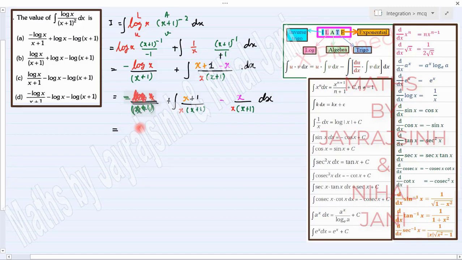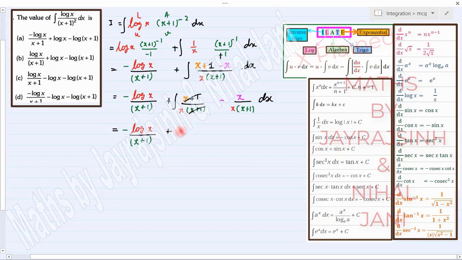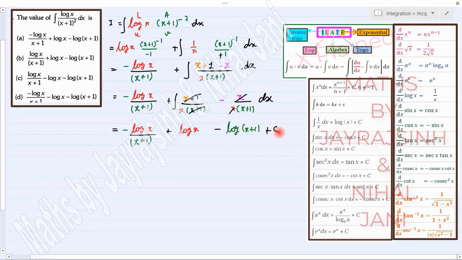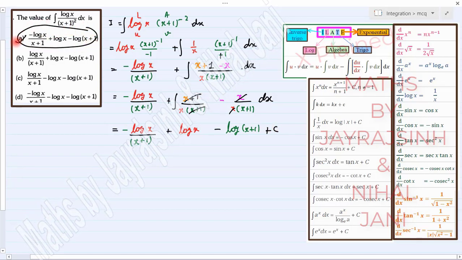Now your first term will be as it is, and here x plus 1 will cancel out. Integration of 1 upon x will be log x, minus, x and x will cancel out. Its integration will be log (x plus 1) plus c, which is given in option A. Ta-da!